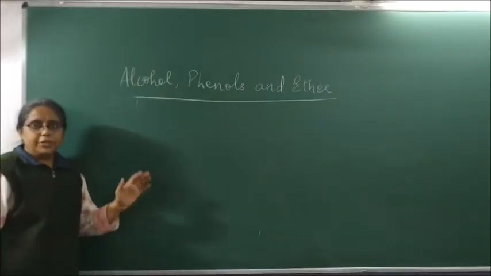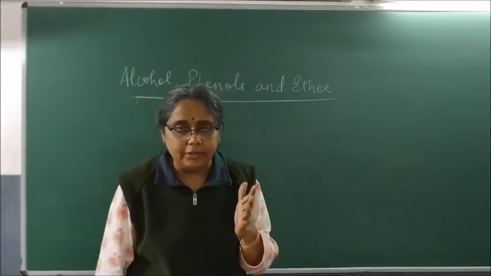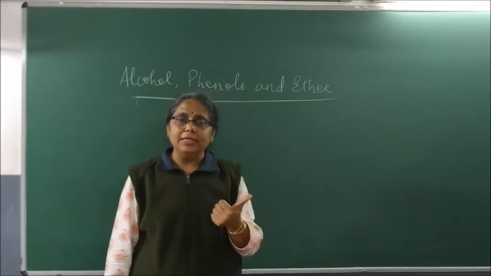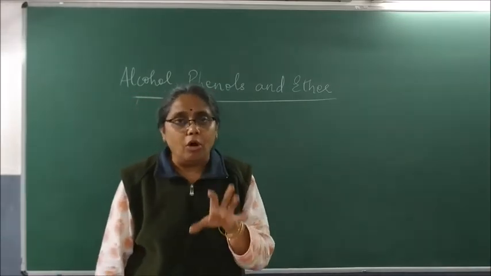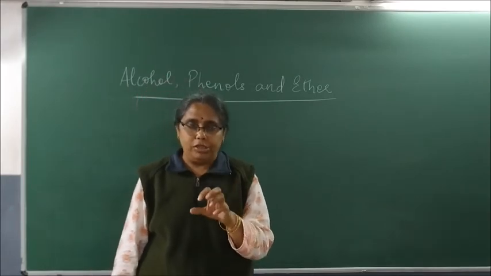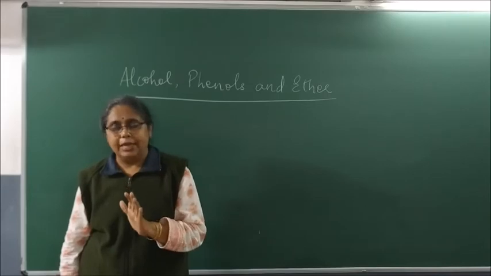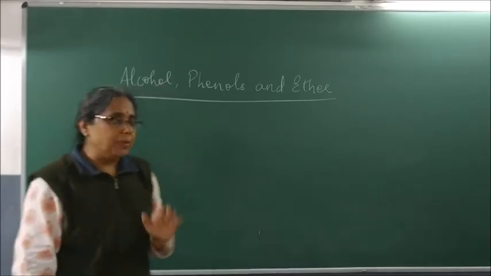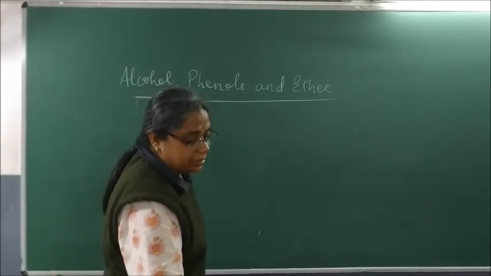So now we have studied the introduction of alcohol, phenol and ether. Alcohols are named as alkanols, phenols are named as phenol, or they are called as what? Hydroxybenzene. Ethers are named as what? Alkoxyalkane. Now we will talk about classification of alcohols, phenols and ethers.